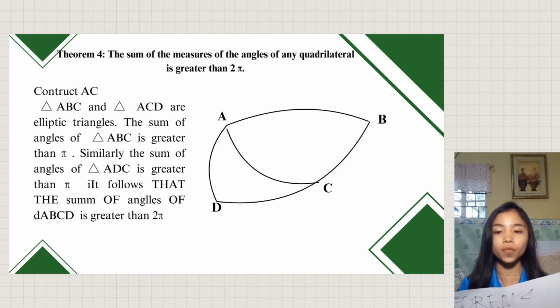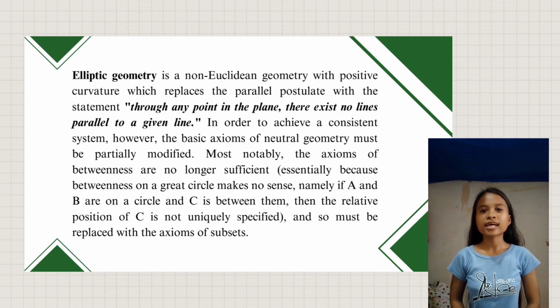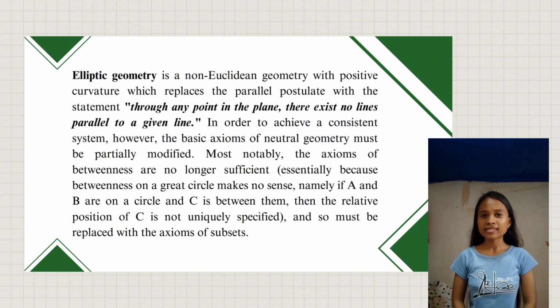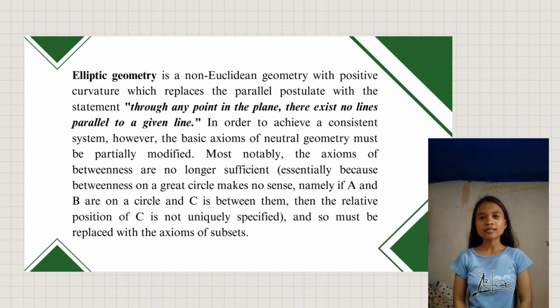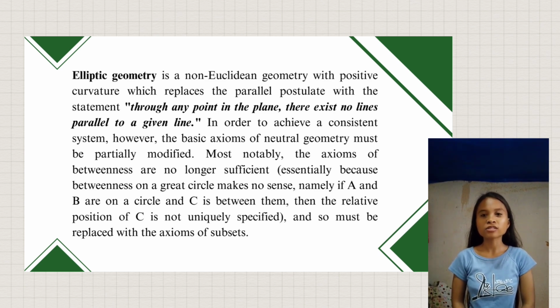Elliptic geometry is a non-Euclidean geometry with positive curvature, which replaces the parallel postulate with the statement: from any point in the plane, there exist no lines parallel to a given line. In order to achieve a consistent system, however, the basic axioms of neutral geometry must be partially modified.